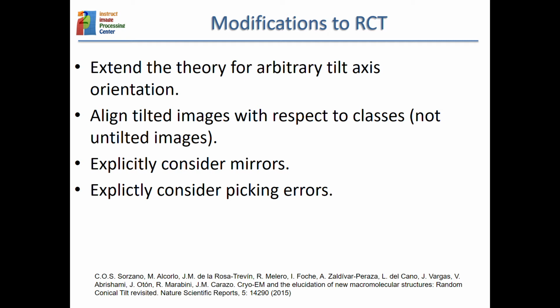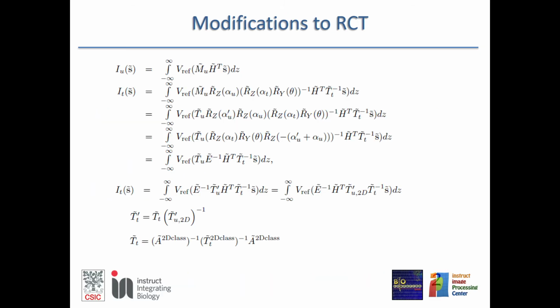This brought another advantage, because the classes, the 2D average classes, have a much better signal to noise ratio, and they allow a much more faithful angular in-plane alignment. We explicitly considered mirrors, because in the 2D class there can be images that are mirrored or not, and we explicitly considered picking errors.